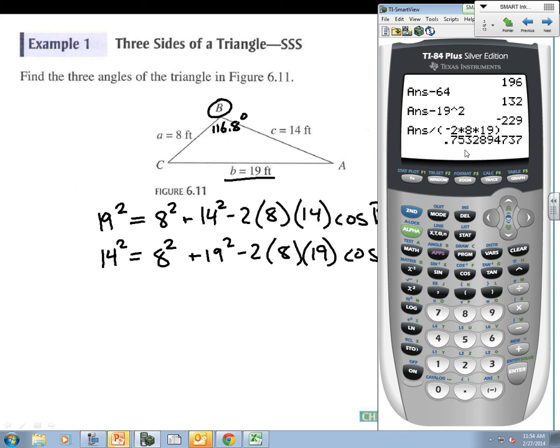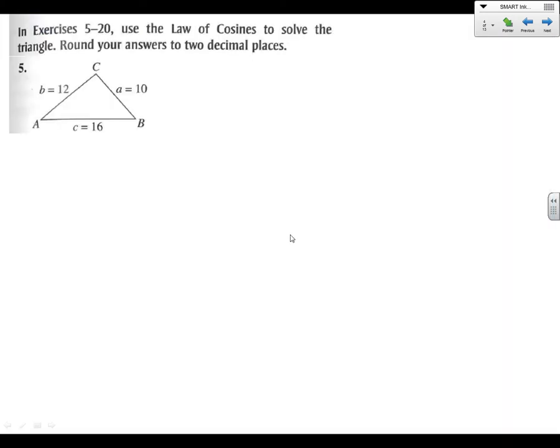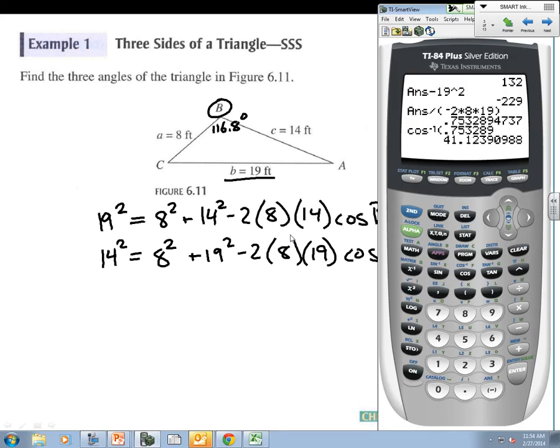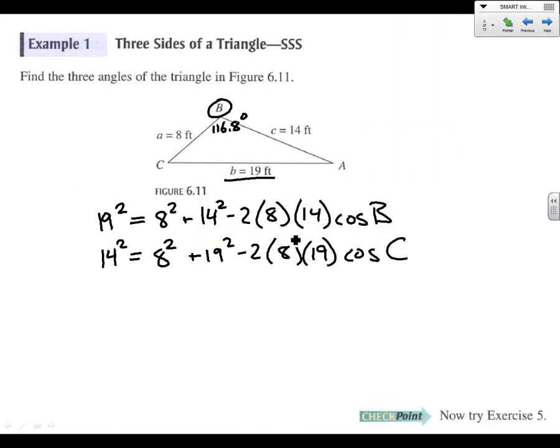And we get 0.75, and we need to do the inverse cosine of that. 0.753289, and we get 41 degrees. And luckily, sorry, what was that with the decimal place? 41.1 degrees.